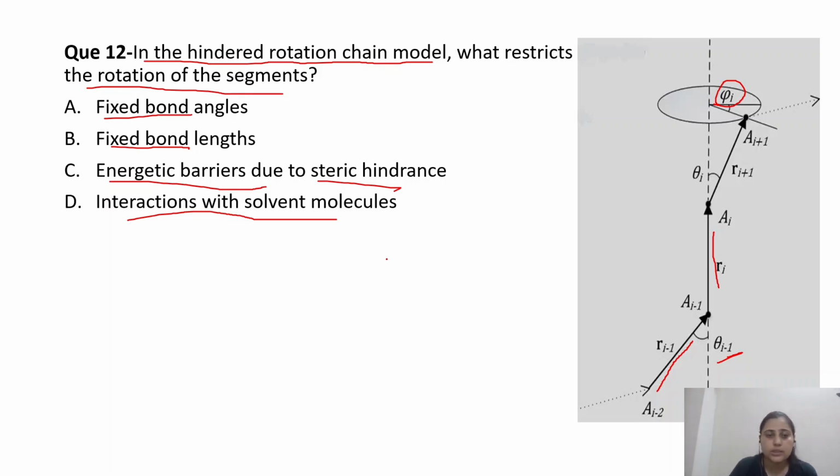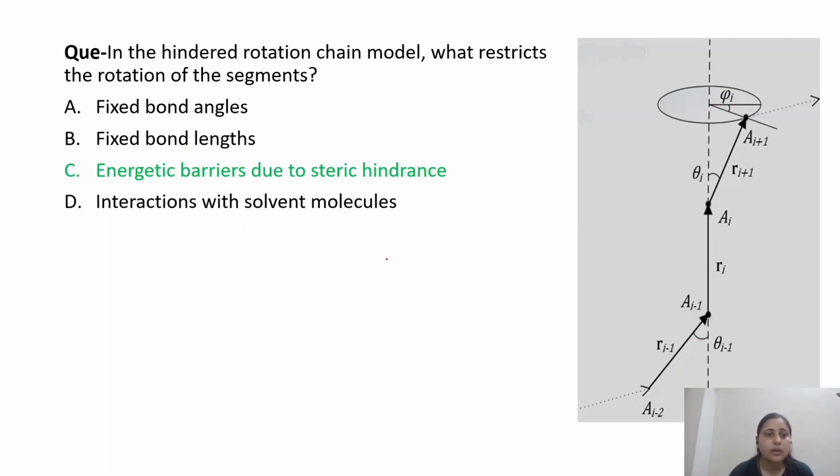Now let's discuss the solution. Option C is correct, which is energetic barriers due to steric hindrance. The bond angle and the bond length are fixed in the hindered rotation chain model, which is true, but the question is asking what actual element is restricting the rotation of the segment.